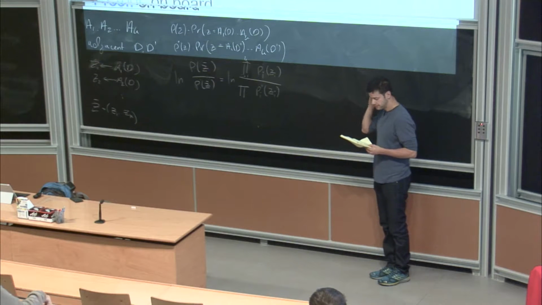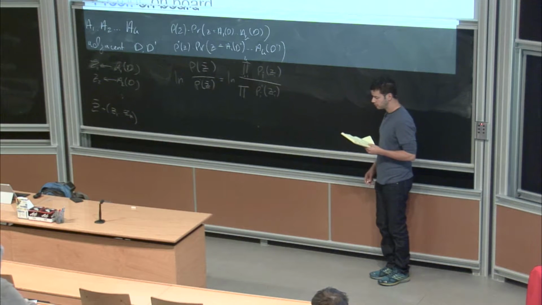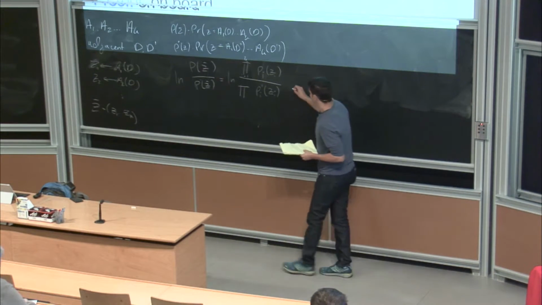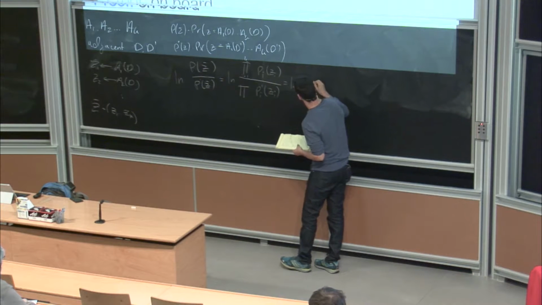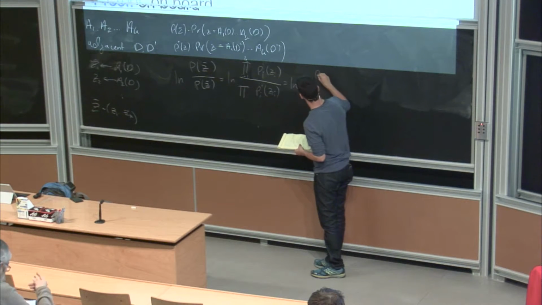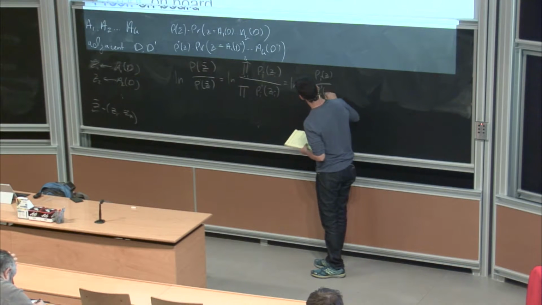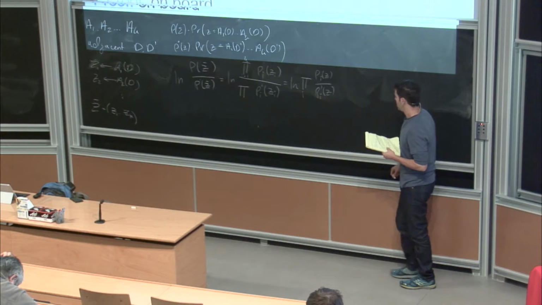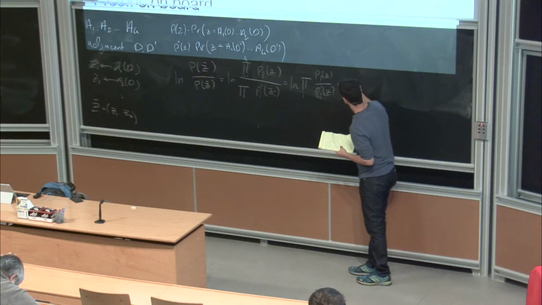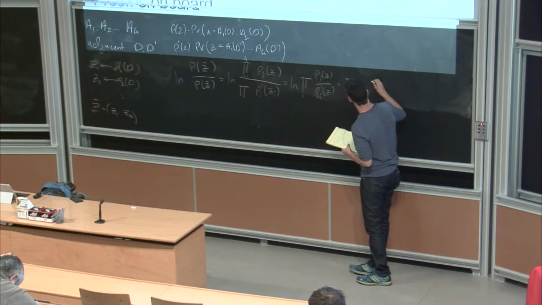Does that all make sense? That's very nice. And that turns out to just be the product, and we can take the ratios one by one, so the product of pi divided by pi prime. And that's simply the sum of the log ratios.